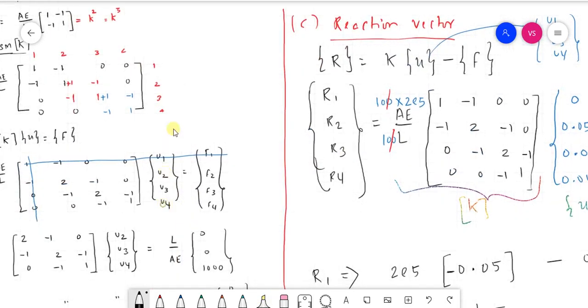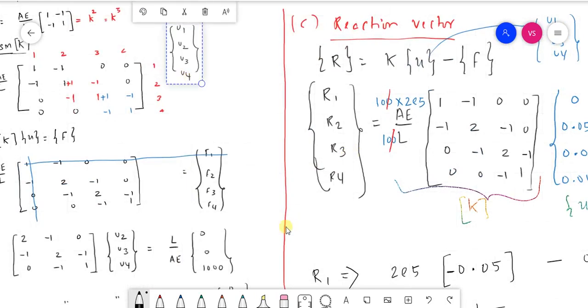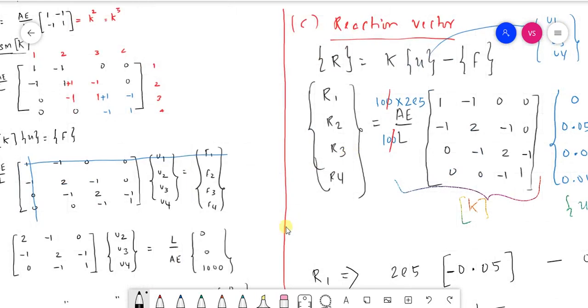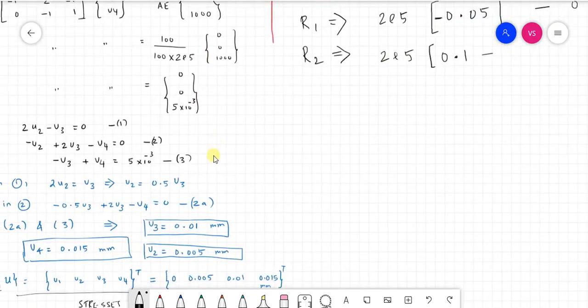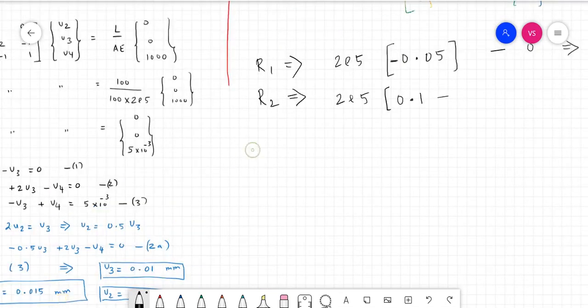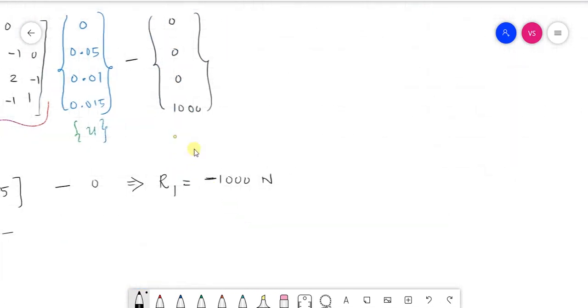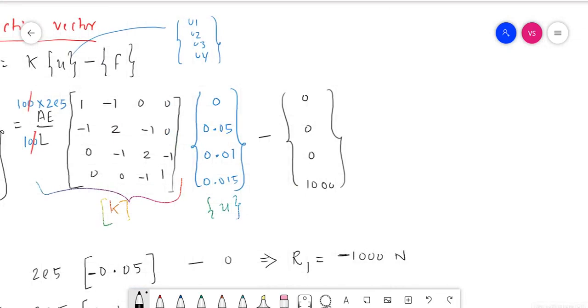U2 should be 0.005. We found U2 to be 0.005, not 0.05. So here is a mistake. So U2 will be 0.005.